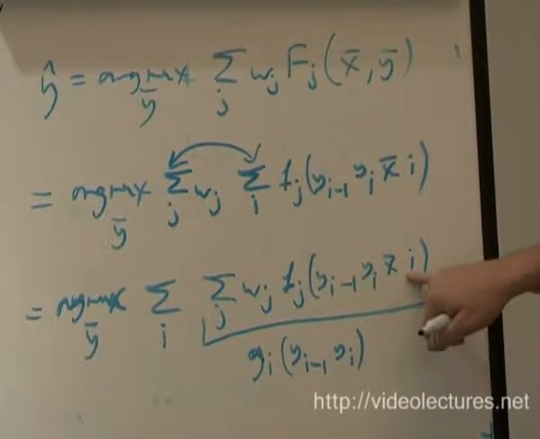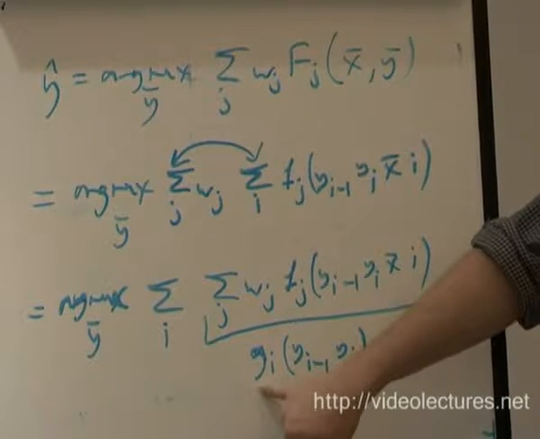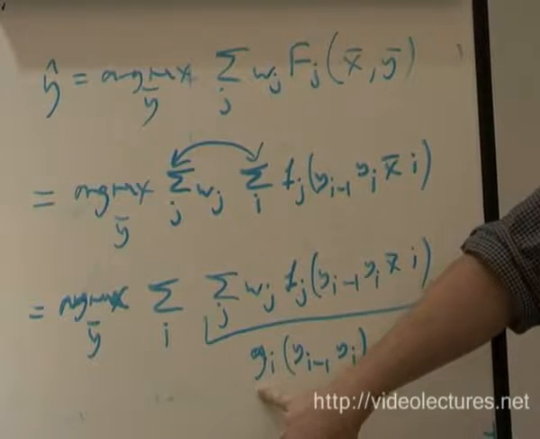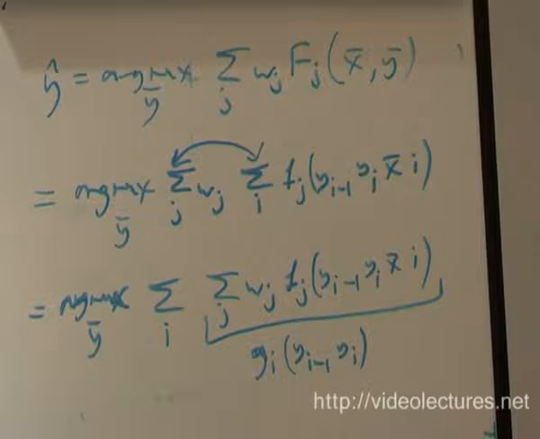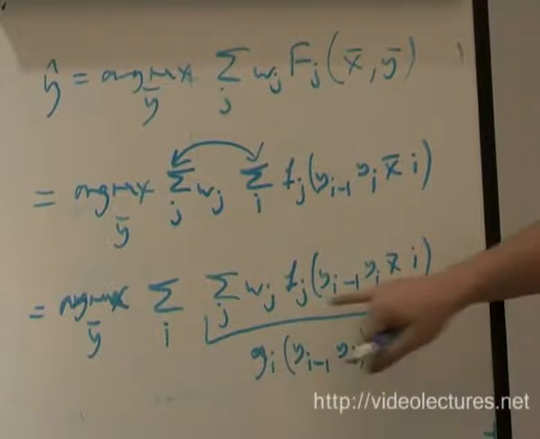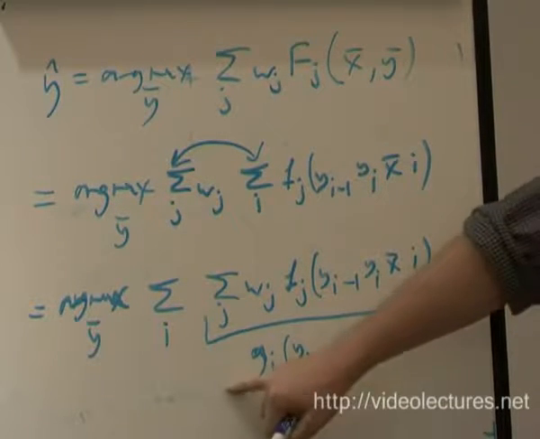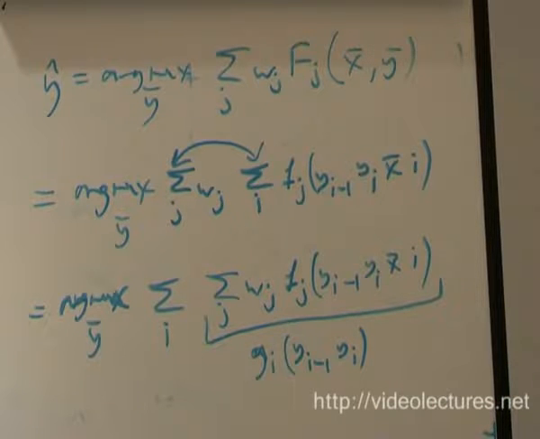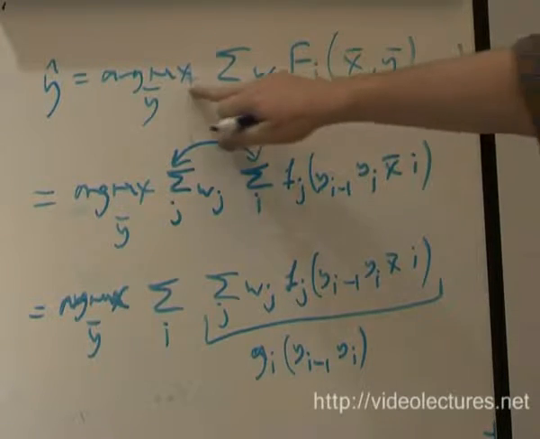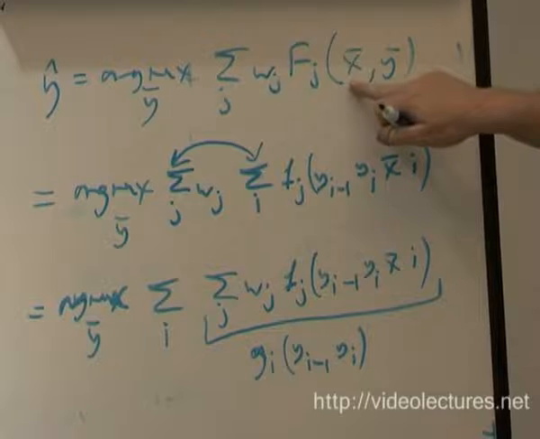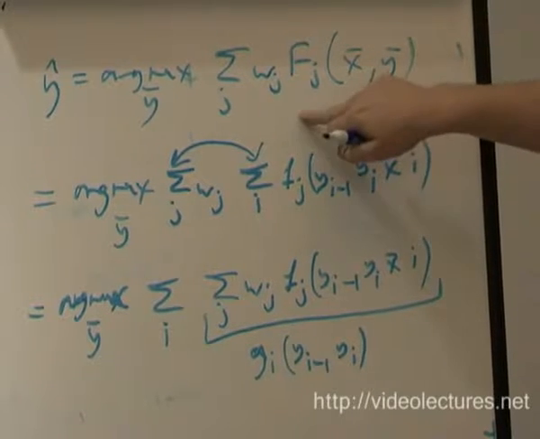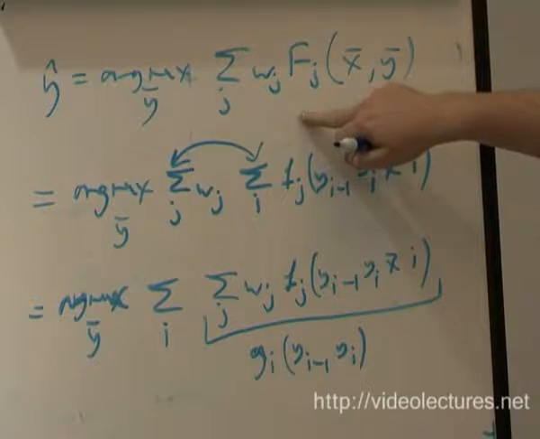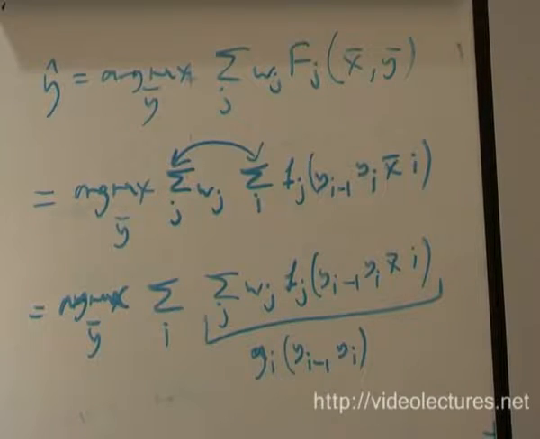But this argument i, I'm just making it into a subscript, so I have a different g function for each i. And then x bar and w, I'm now leaving out of this notation because this argmax that I'm interested in is for a specific x bar and a specific w vector. And so I can leave it out of the notation.